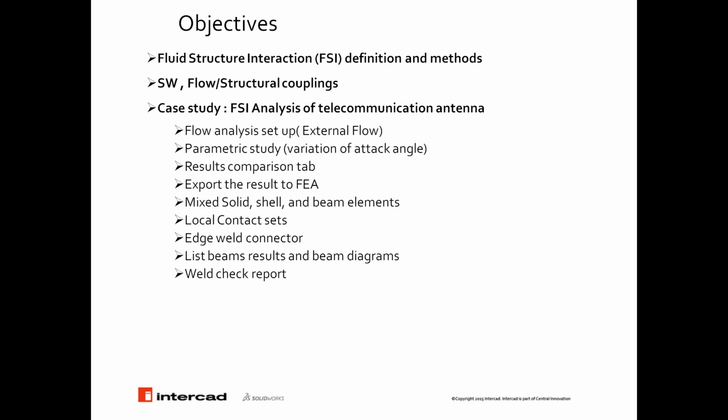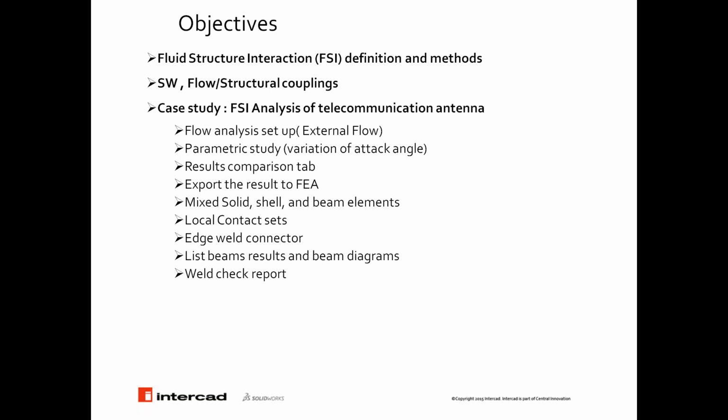Since we have done the setup and pre-processing stage, we go over the results, and SolidWorks Flow Simulation has a special tool and tab for comparing the results. As soon as we finalize the flow, it's time to export the results to our FEA study.